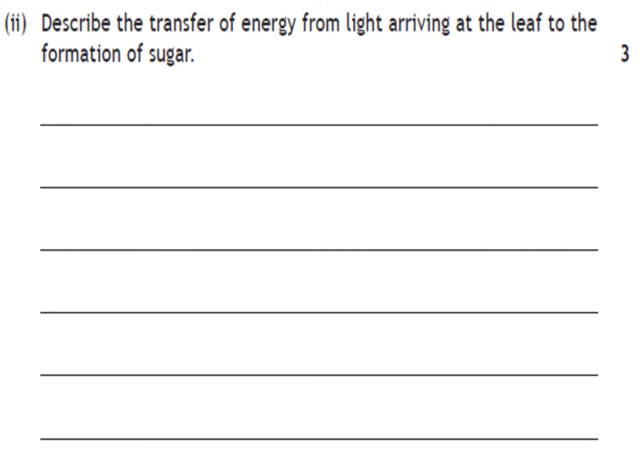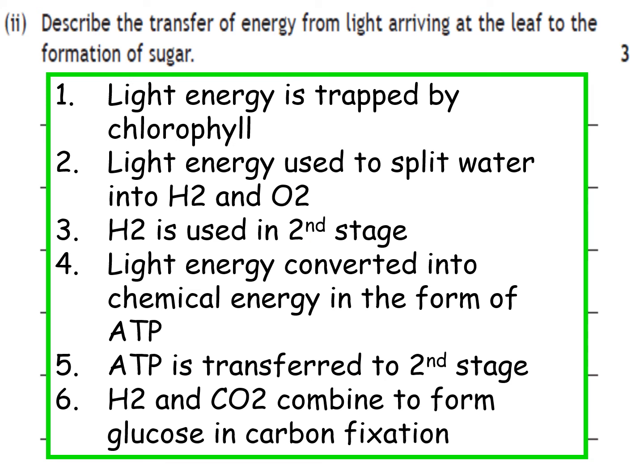So what you might say is, light energy is trapped by chlorophyll. Light energy is used to split water into hydrogen and oxygen, and you might want to add this is called photolysis. You could also say that oxygen is released and hydrogen is used in the second stage.